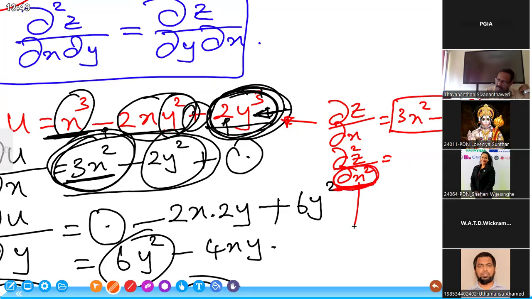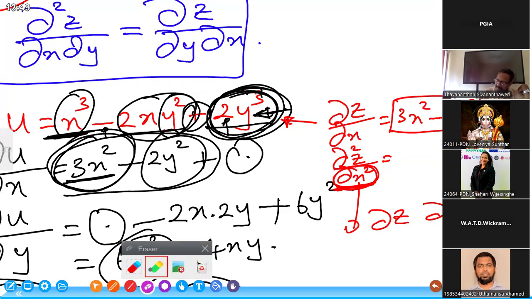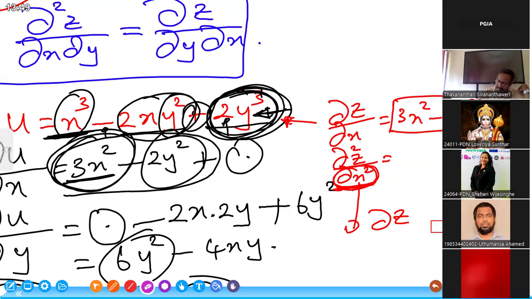This is actually daba by daba x multiplied by daba z by daba x. This is what I said. Do you understand? This is already we have differentiated with respect to x. Now again we are differentiating with respect to x.